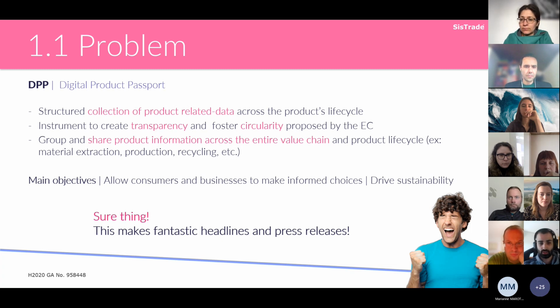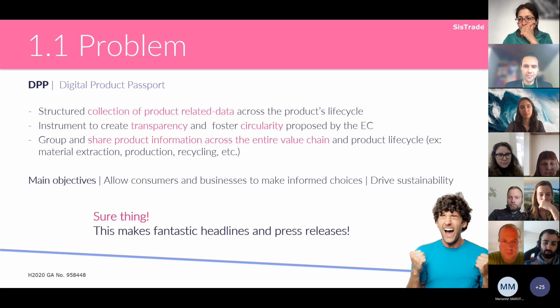It groups and shares product information across the entire value chain and product lifecycle, for example material extraction, production, recycling, usage, assembly, etc. The main objectives of DPP are to allow consumers and businesses to make informed choices and to drive sustainability. Sure thing, this makes a fantastic headline and press release.